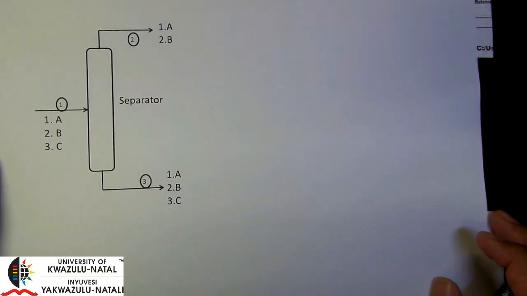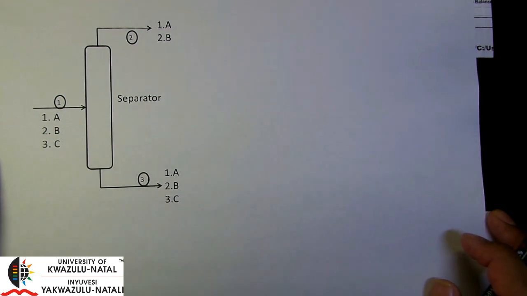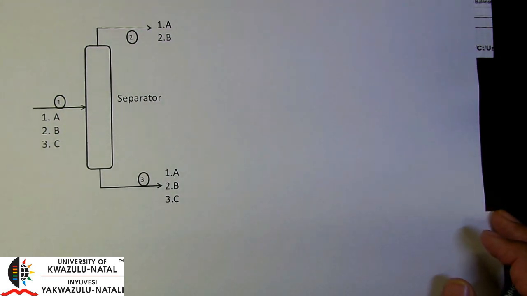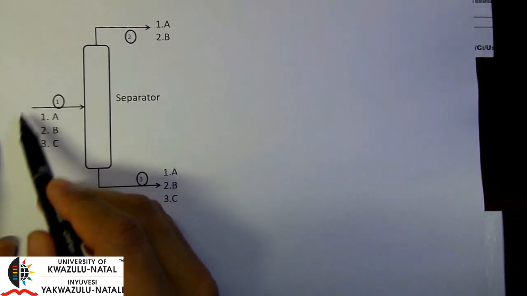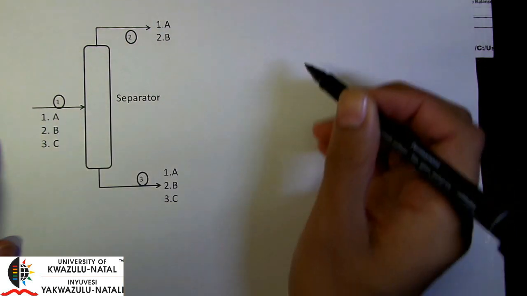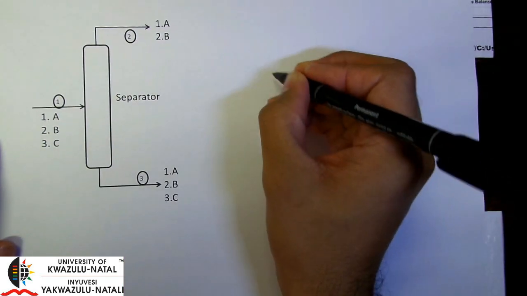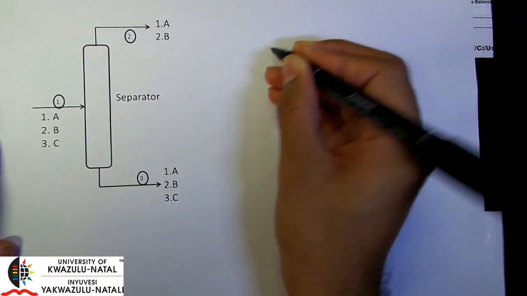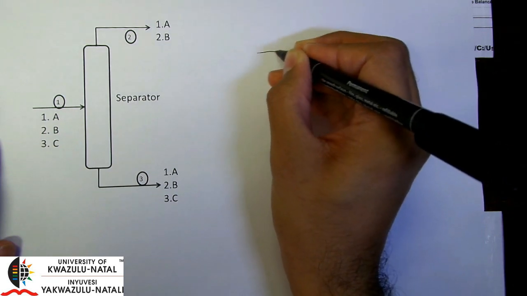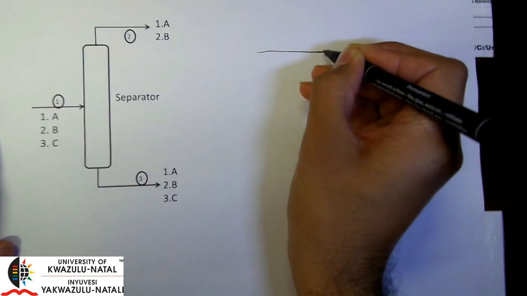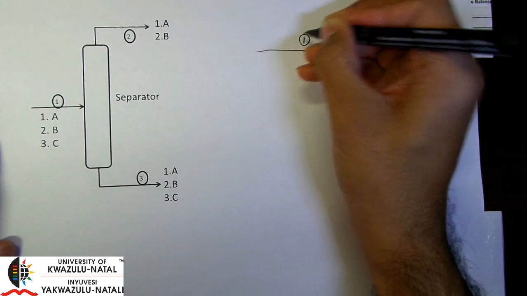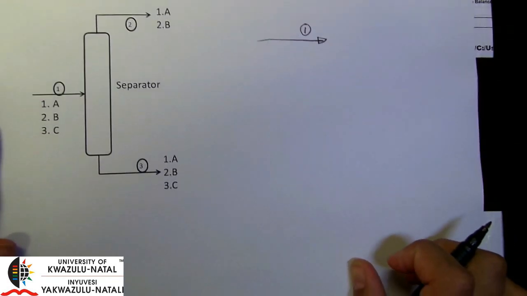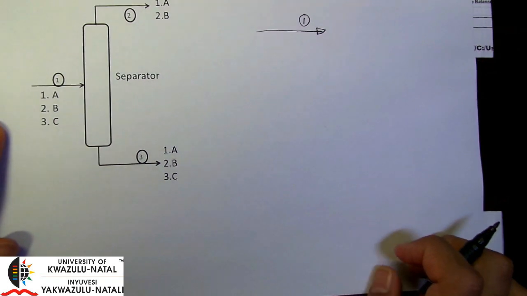Okay, now I'm using this simple example just to get you well acquainted with the notation. So let's first focus on a single stream. I'll just draw it here. Okay, so that's stream 1. I hope it's clear enough.